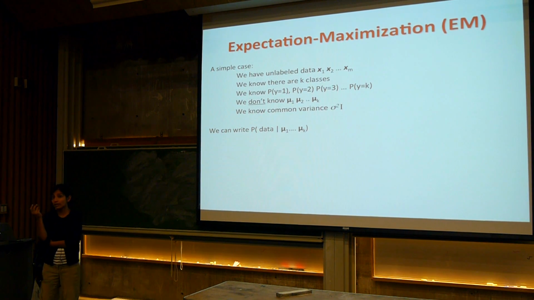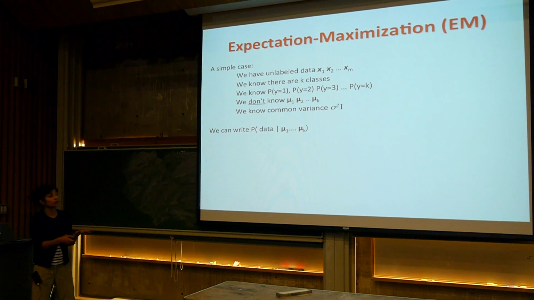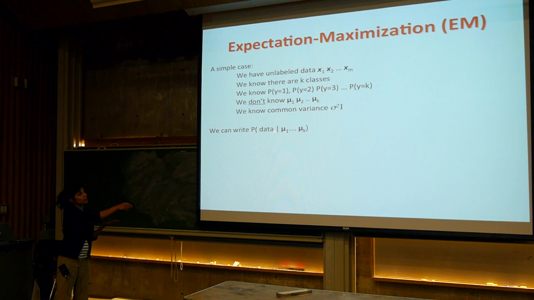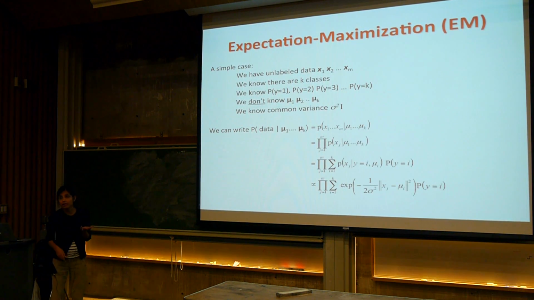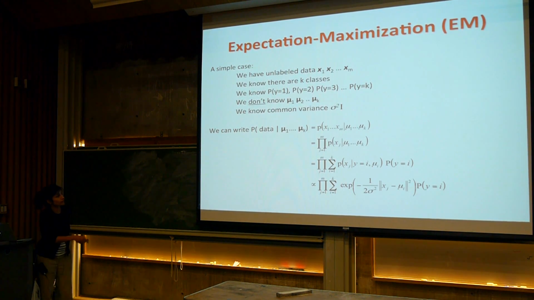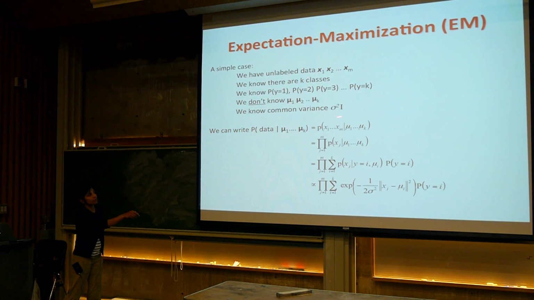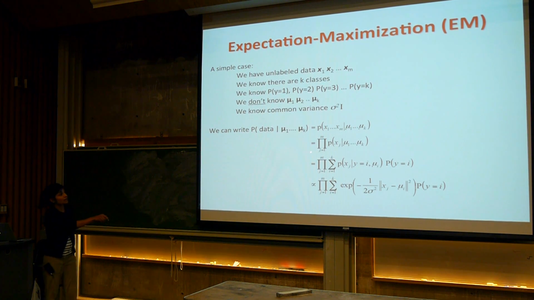Then when we are doing maximum likelihood, we will be maximizing the probability of the data for those parameter settings. We can write down the probability of our data, x1 through xn, as the product of the probability of each one of them, because all the data are independent.